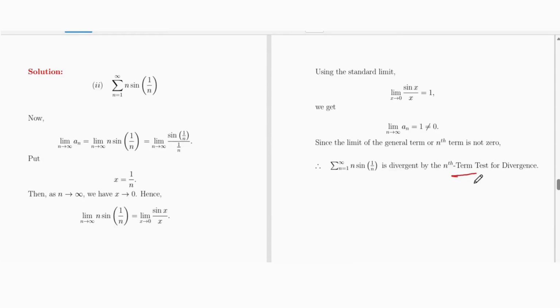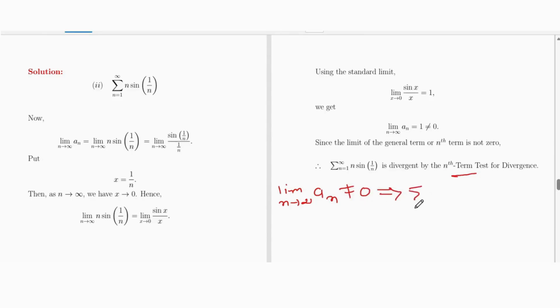तो ये टेस्ट अभी हमने previously डिस्कस किया, बराबर है. So what is the nth term test for divergence? If limit n tends to infinity an, and an is the nth term, is not equal to 0, then what we conclude?